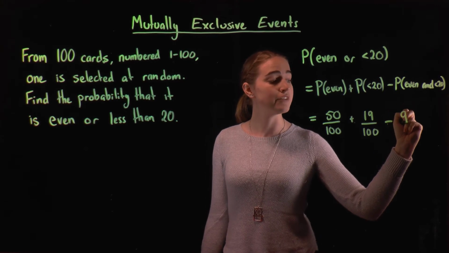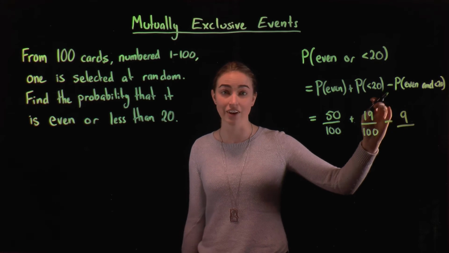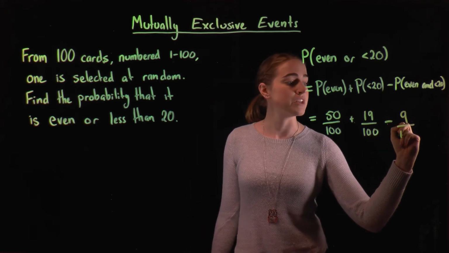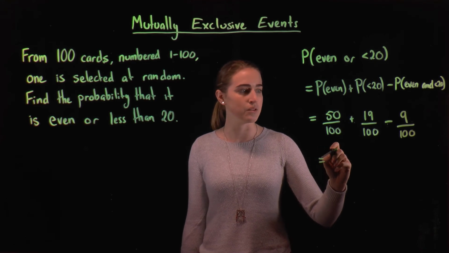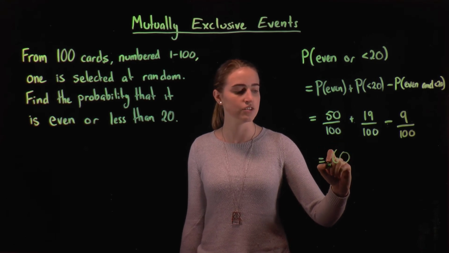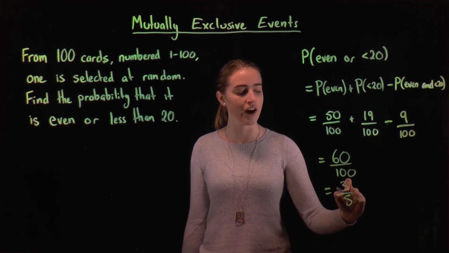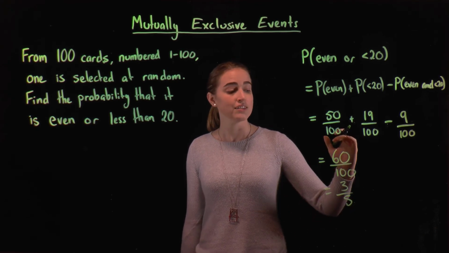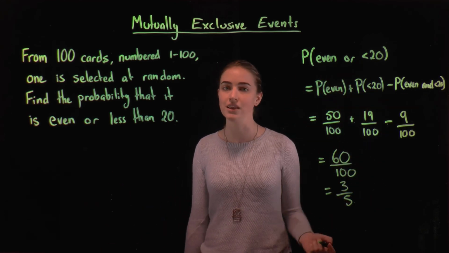There are 9 of them that are also even. So there are 9 in that overlap, so that's 9 over 100. If we subtract that, we end up with 60 over 100, which simplifies down to 3 over 5. So the probability that our randomly selected card is even or less than 20 is 3 over 5.